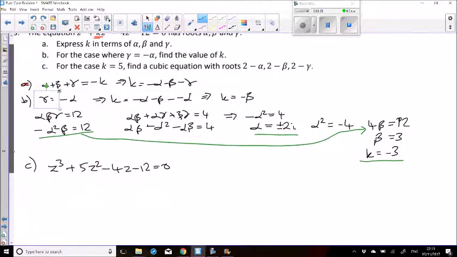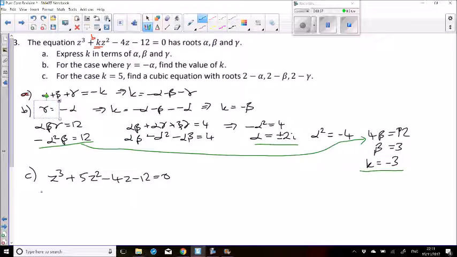Right, this is now like question 2. I've got a couple of choices. When my new root is 2 minus my old root, y equals 2 minus x. So that would be x is 2 minus y. That is what I'm going to substitute in if I'm going to use the substitution method.